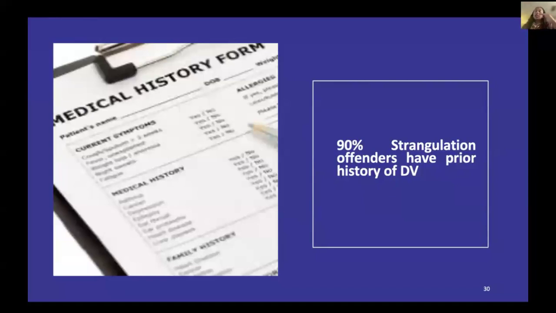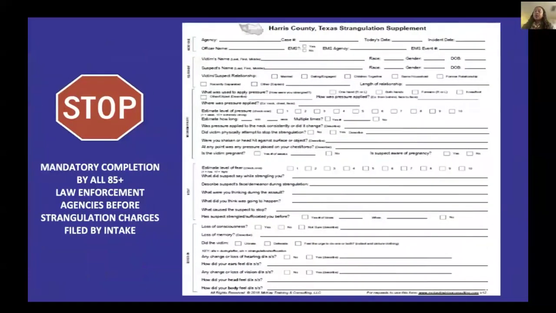You'd be surprised if you look at the prior history of that person, especially if they're strangulation offenders, they have a prior history of domestic violence. Next slide.